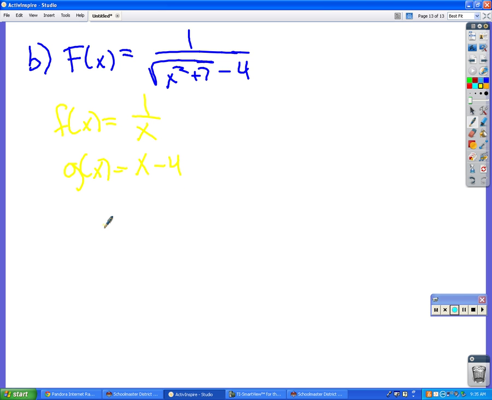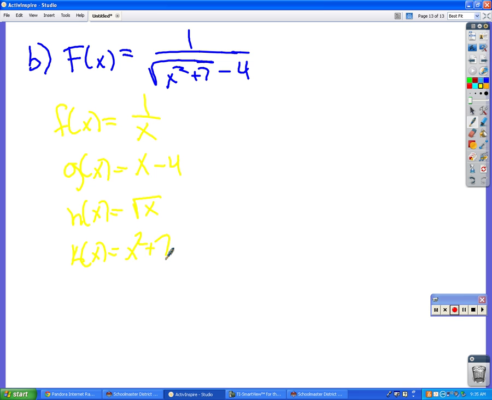And then h of x is, what can I substitute into x minus 4 to get closer to this? I need this x to be a square root, so that would be the square root of x. And then k of x is equal to x squared plus 7.